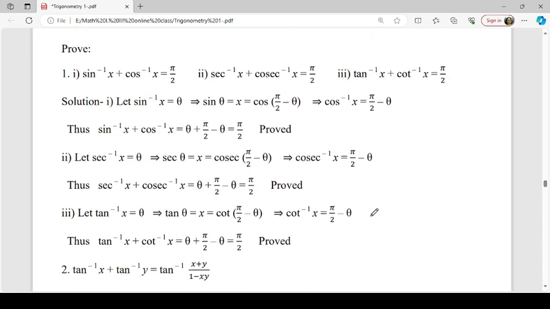So as we have got sin inverse x equal to cosec inverse 1 by x, because sin inverse x equal to theta implies sin theta is equal to x, then cosec theta will be 1 by x.